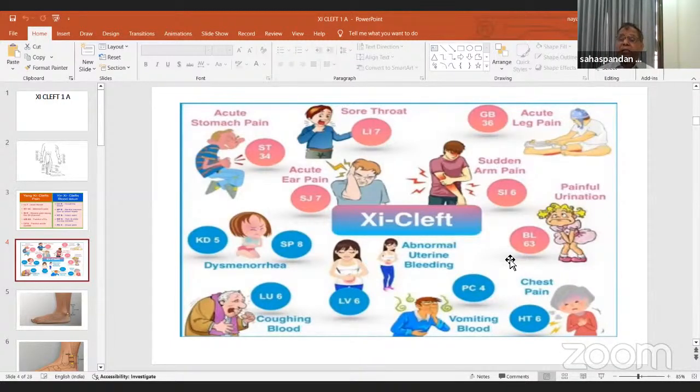And kidney 5. Kidney 5 is for blood in the urine. If you are urinating and you find blood, apply kidney 5. And also for painful period. Pericardium 4 for chest pain, nosebleed, vomiting of blood, and coughing of blood.